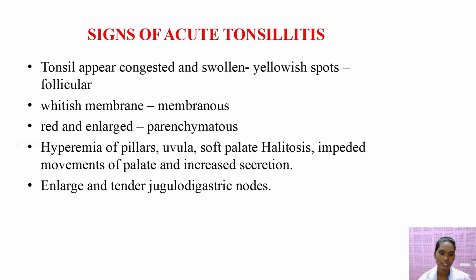In parenchymatous tonsillitis, the patient has reddened enlargement of the tonsil. Next is hyperemia of the pillars, uvula and soft palate, and halitosis. Halitosis means bad odor or bad breath, impaired movements of the palate, and increased secretions. Next are enlarged and tender jugulodigastric nodes: enlargement and tenderness over each side of the lymph nodes.